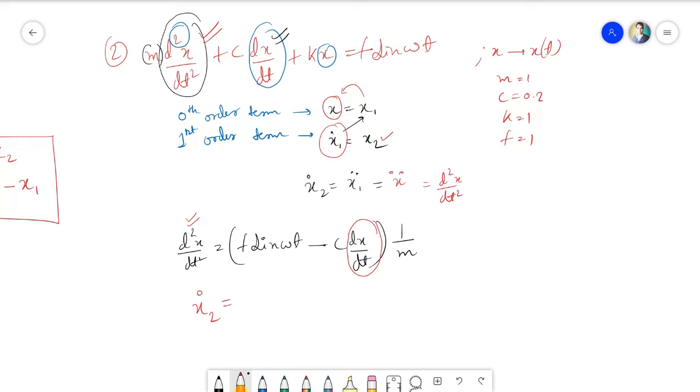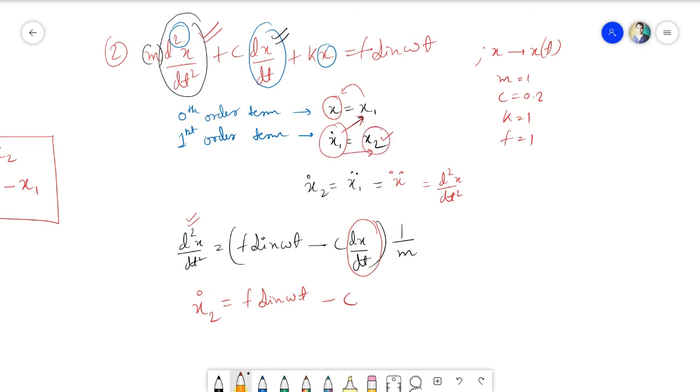This will be x2 dot is equal to sin omega t minus c into dx by dt. Dx by dt is equal to x2, right?